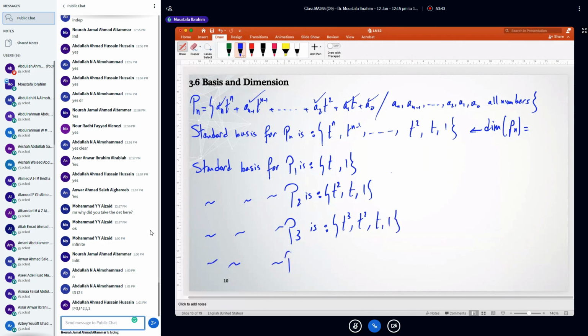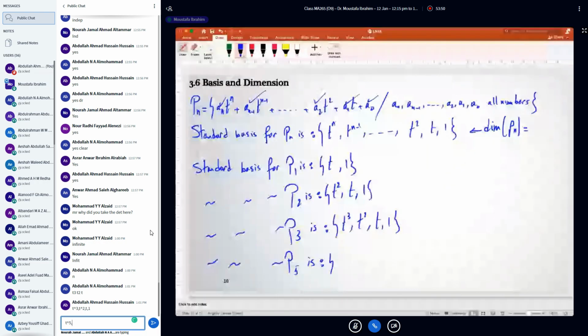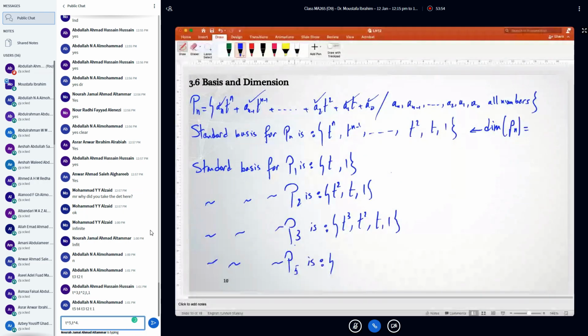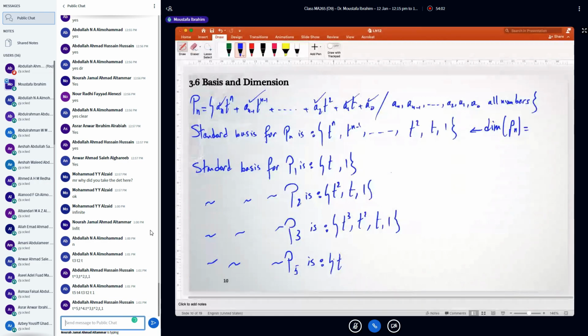Standard basis for P5, let's say: we start with t to the power of 5, then t to the 4, t cubed, t squared, t and 1.